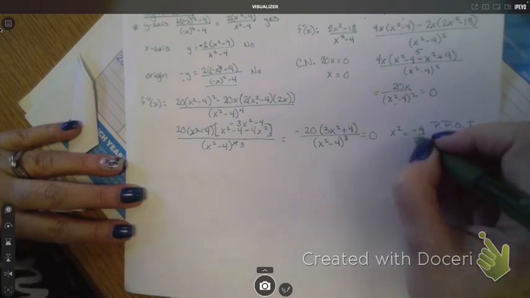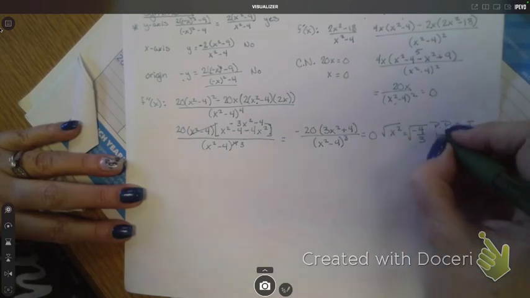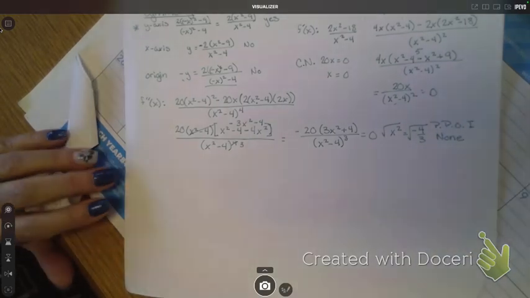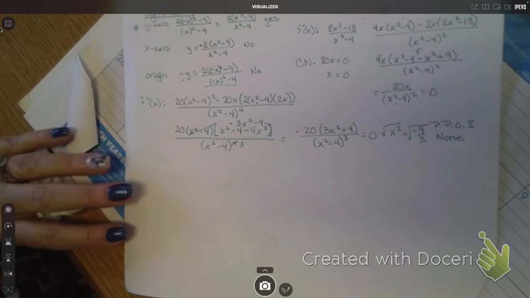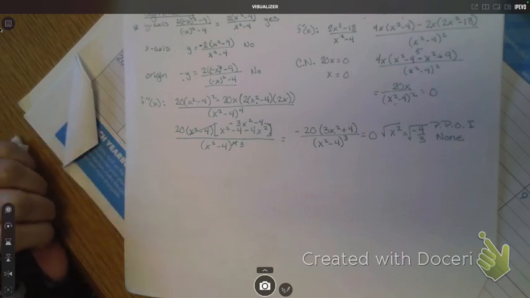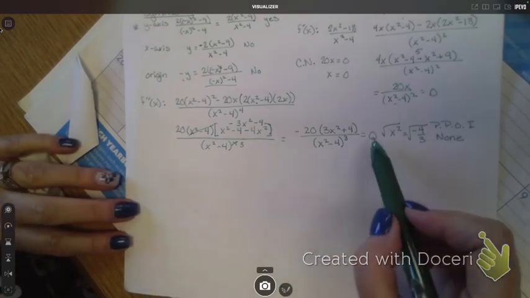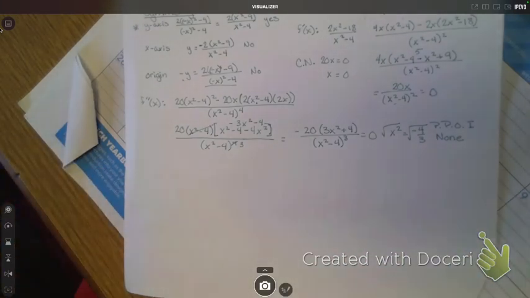And can you take the square root of a negative number? Nope. So it is a none. So you found that by setting it equals 0, and so then it's really the 3x squared plus 4. Yes. Okay. Because when you set the whole thing equal to 0, the denominator is going to zero out. Then you're going to divide by 20, and you'd be left with 3x squared plus 4.